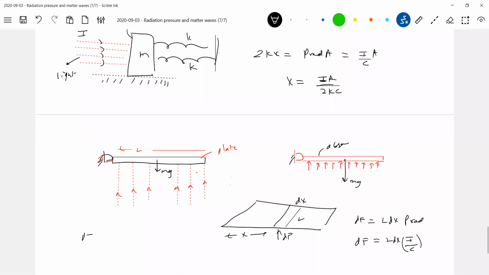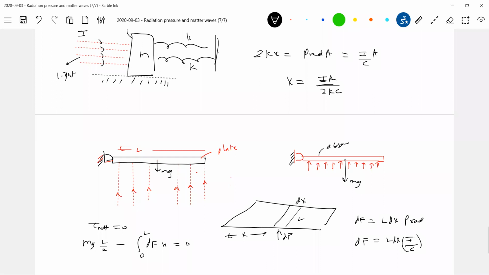Then the net torque should be 0. Torque due to weight, mg into L by 2, clockwise. Torque due to this force, integral of df into x. And solve the problem. You must be ready for numericals of this kind.